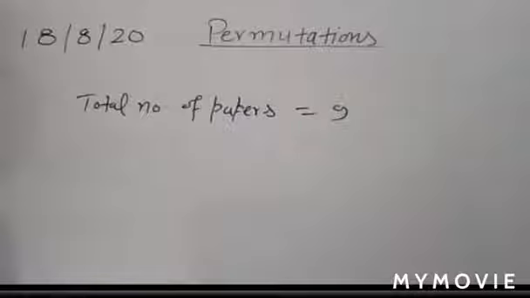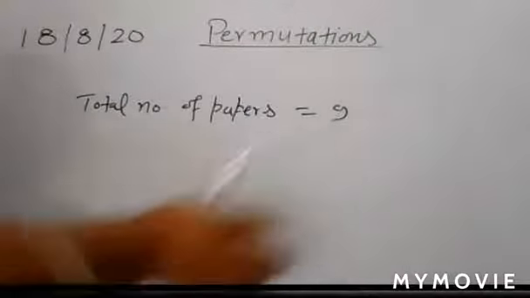And what is your question? The best paper and worst paper cannot be together. So what do you do? First of all, you have to find the total number of possible arrangements for taking all the 9 papers.